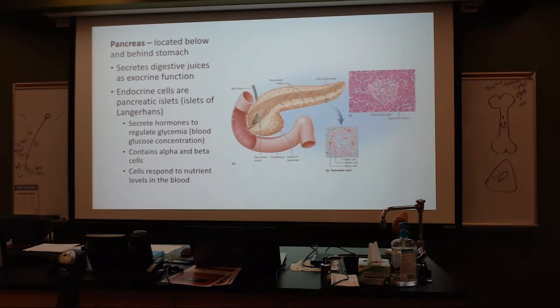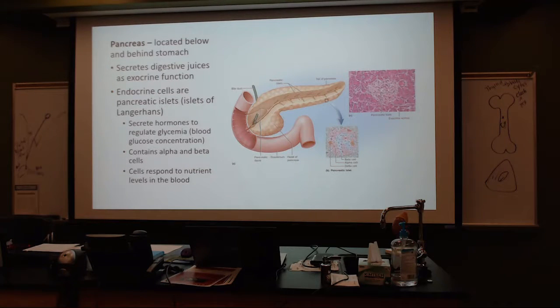Now, the pancreas, once again, is an organ that is associated with different systems, because the pancreas is both exocrine and endocrine. The exocrine portion secretes digestive juices, which are needed, of course, in the digestive system.